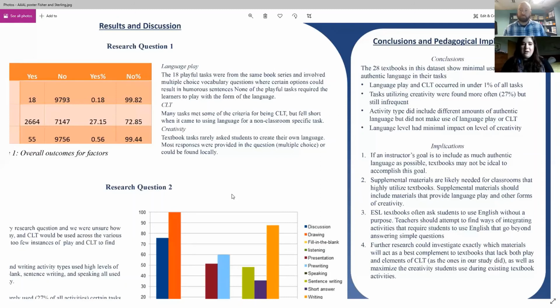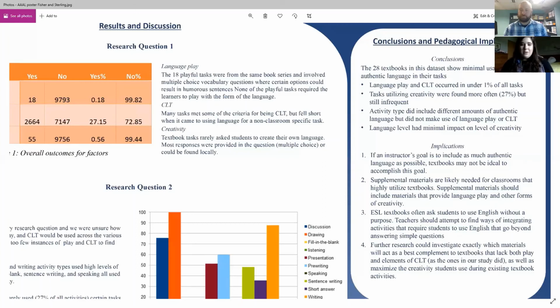Also, our ESL textbooks very often ask students to use English without purpose beyond just answering the question from the textbook. And so teachers should try to find ways to integrate activities that require the students to use English beyond just answering the question from the textbook or from the quiz.